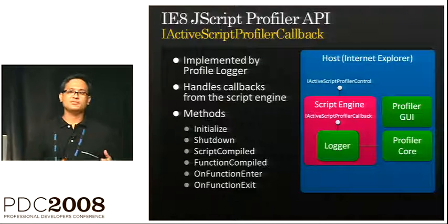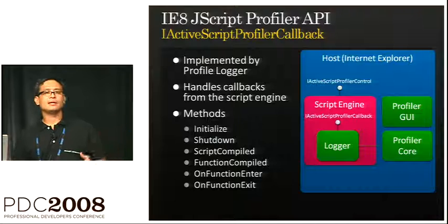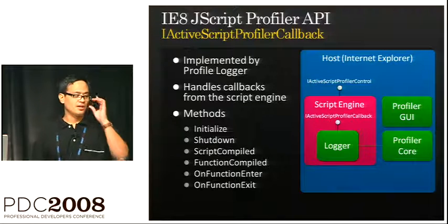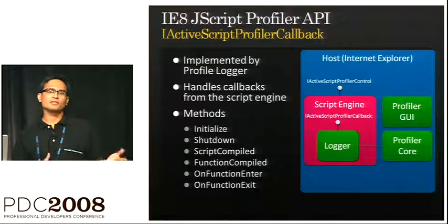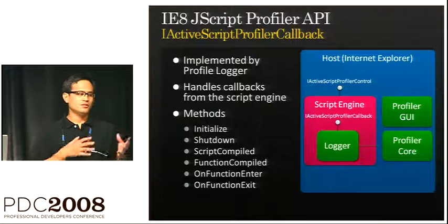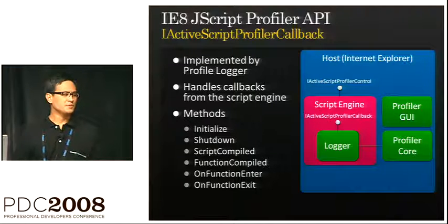It has various methods. The initialize and the shutdown methods are called when profiling is started and stopped. The script compiled and the function compiled callbacks are called when the script engine is compiling some scripts.